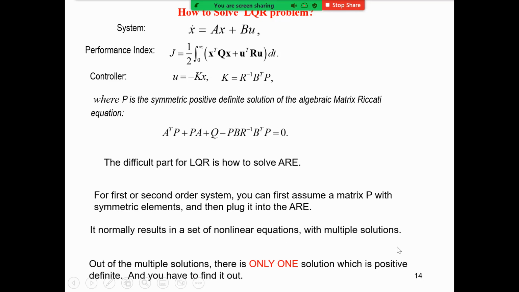But among all those solutions, there will be only one which will satisfy the requirement that the matrix P is positive definite. Okay, you can get one. But in this way, of course, it is not very straightforward. It involves nonlinear equations, and also you have to select one of them.